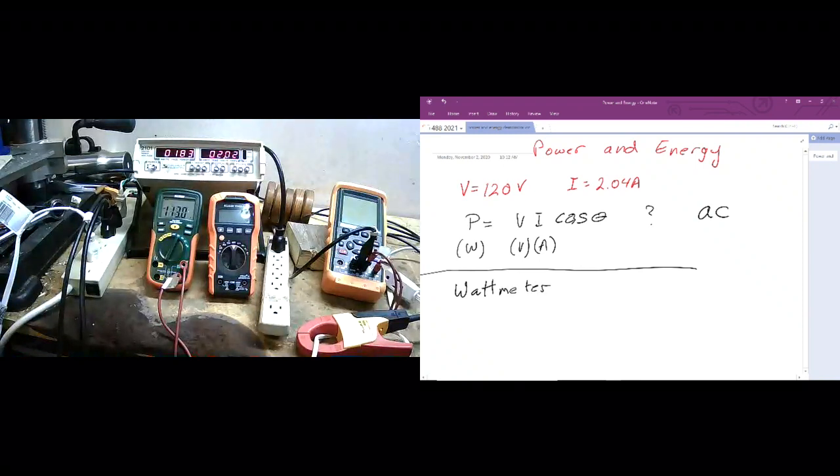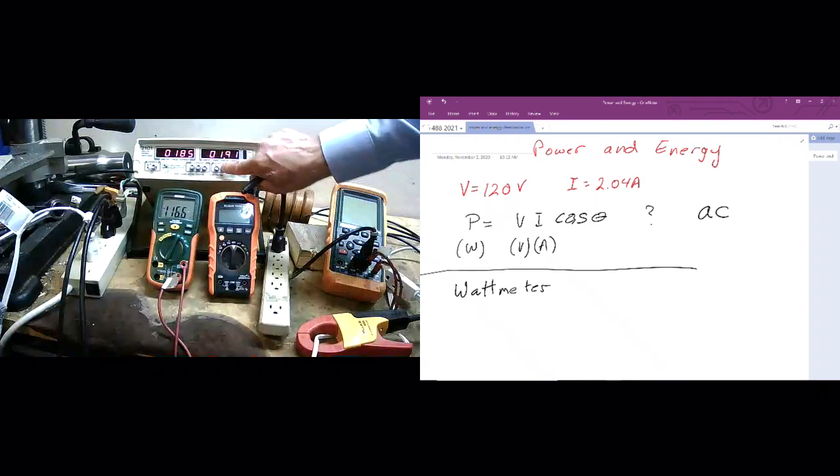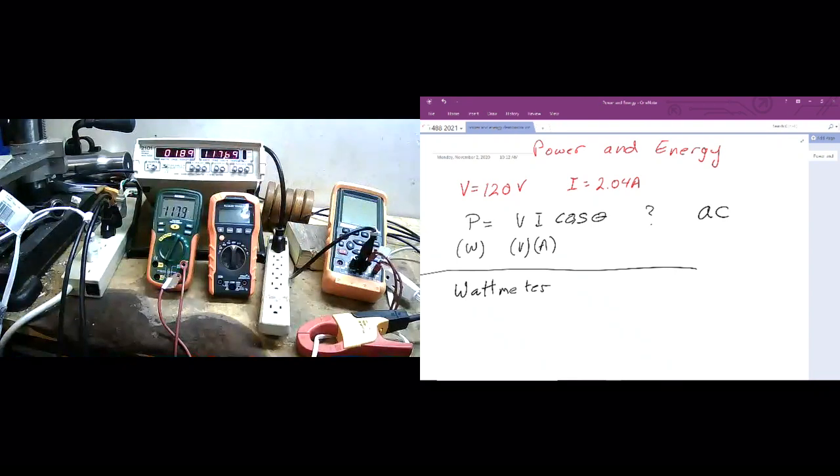Using the watt meter, what's the power? Our furnace just came on. It is in this room. That pulled the voltage down to 117, 118.